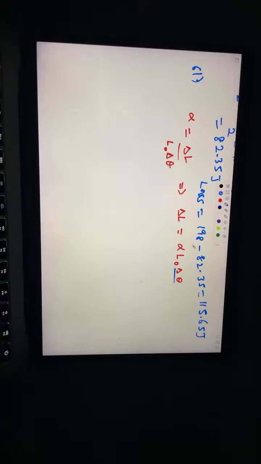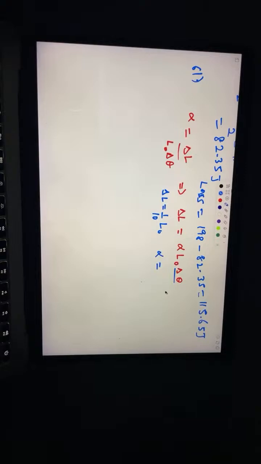So if it will increase by 1/10 of the original length, that is your change in length you have been given already. So your change in length is 1/10 L original.